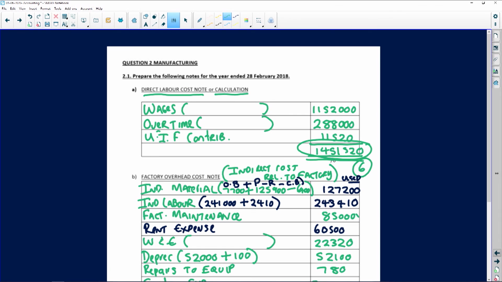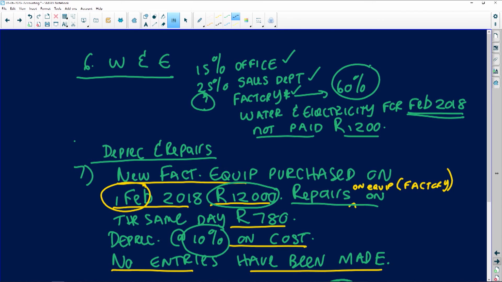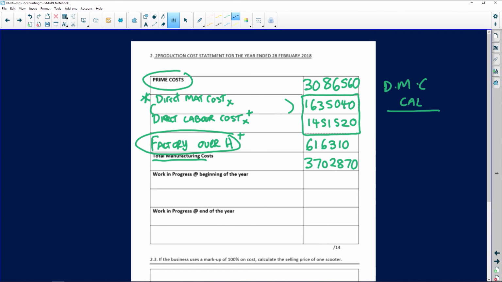Right, almost done, guys. Work in progress at the beginning of the year. So if we go back to our information, we've got work in progress. Again, remember what I said earlier on, do not swap these figures. So beginning of the year, end of the year. Beginning of the year, let's take that through, 100,500. This is just a calculation line.